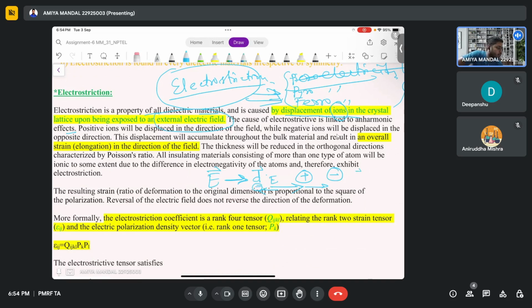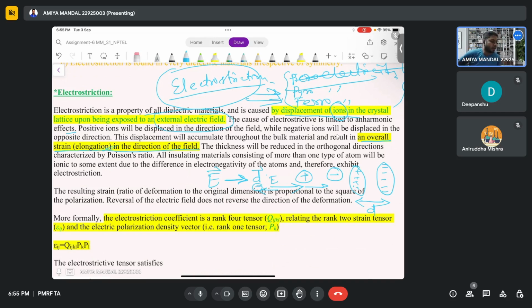Positive charges accumulate in one area and negative charges accumulate in the other, at a distance d, and there is an overall strain elongation in the direction of the field. So there is a disbalance of charges, and this disbalance creates an elongation in the direction of the field.